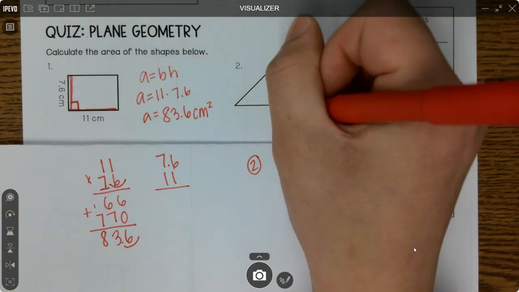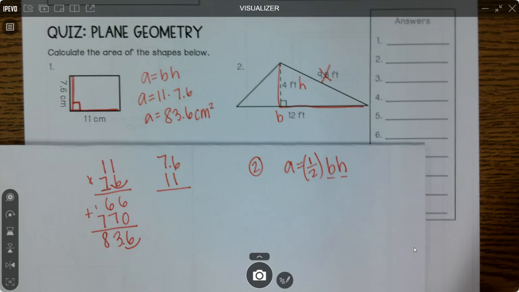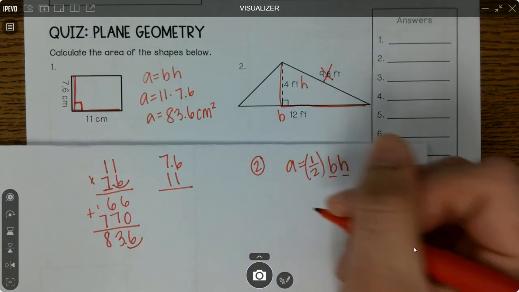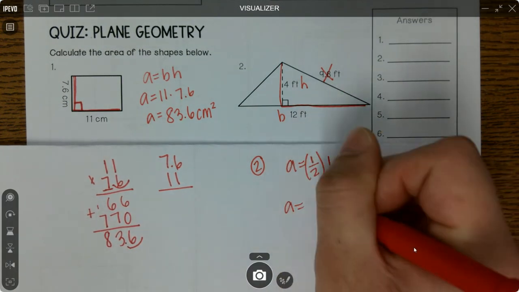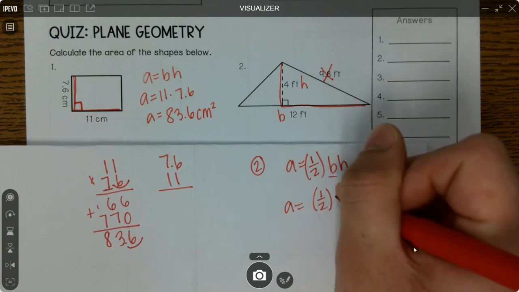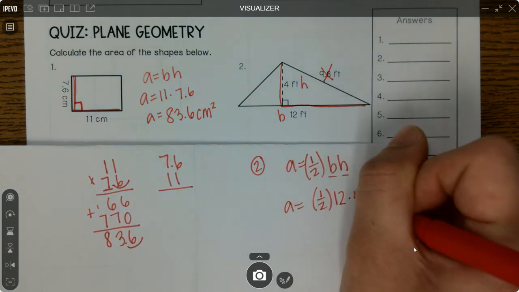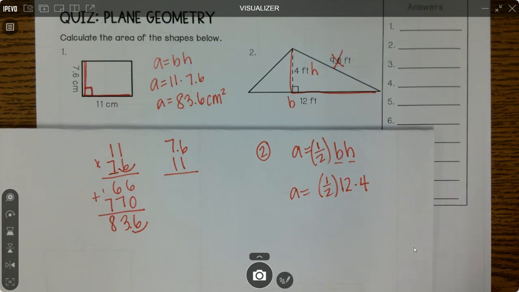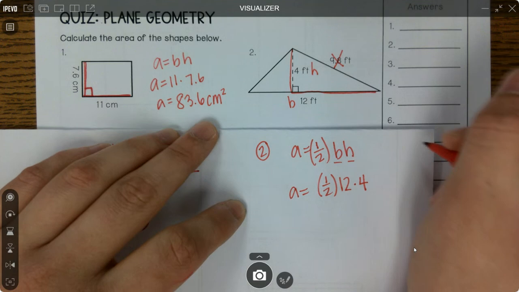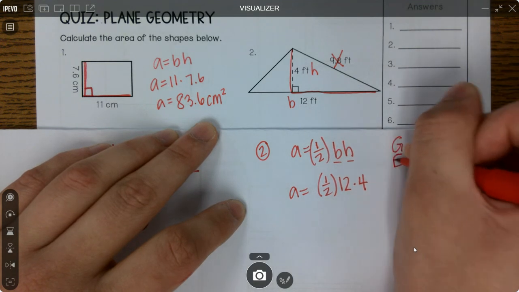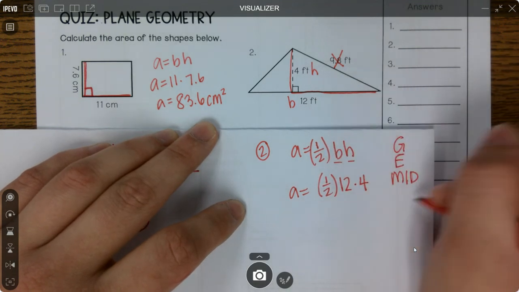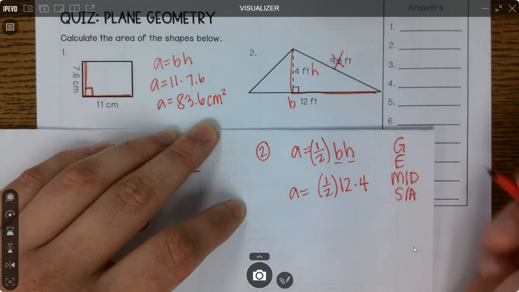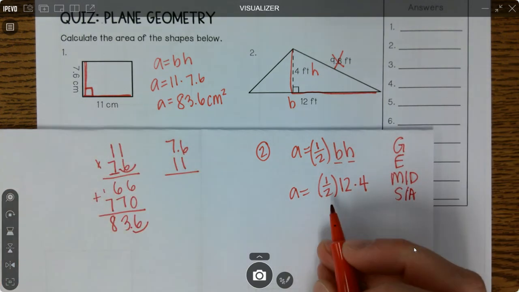So I'm going to label 12 as my base, 4 as my height, and I'm going to plug it in. So I have 1/2 times 12 times 4. Go ahead and solve that out. Okay, so when I follow this, I'm going to follow GEMS. So I do have grouping, but there's no operation inside of the grouping.